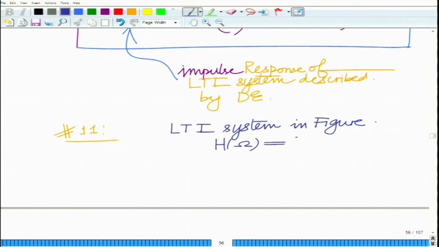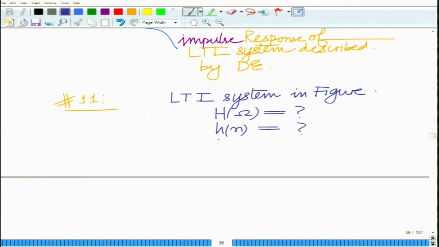We have to find a couple of things: what is the frequency response H of omega, what is the impulse response h of n, and also for this filter, what is the 3 dB frequency.